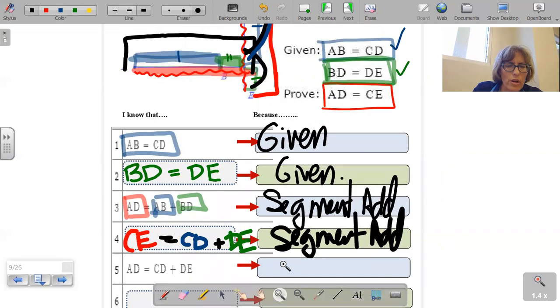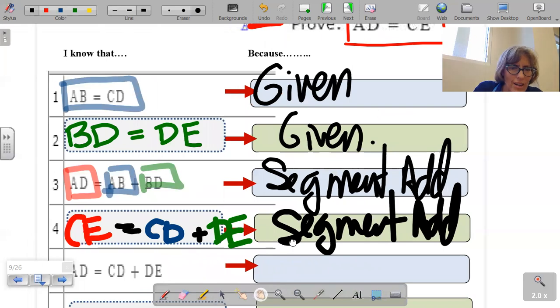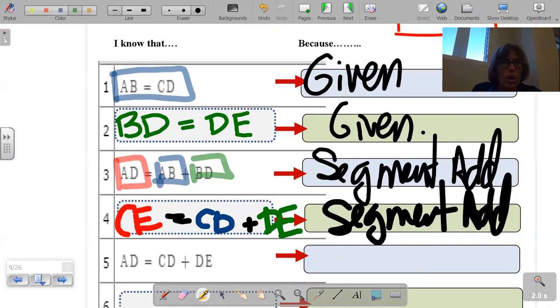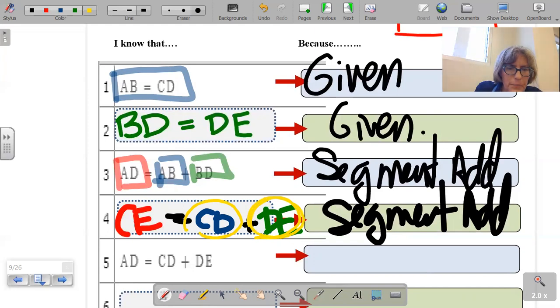Now look very, very carefully. It's important that you're circling. It's important that you're physically interacting here. Your brain will not get it through your eyeballs. It's going to get it through your fingertips. So circle with me and you'll understand that. Watch carefully. Circle. Okay, do you see CD and DE?